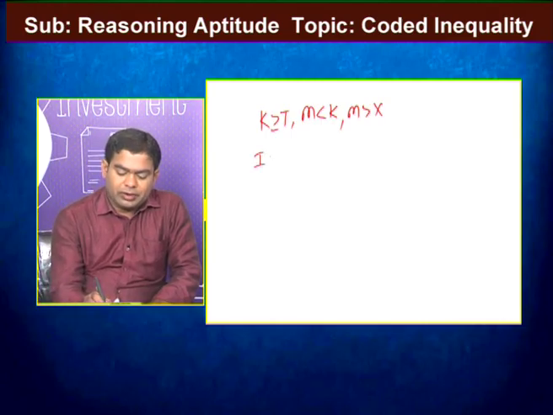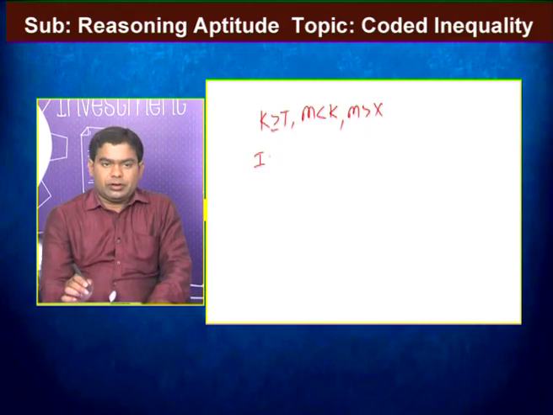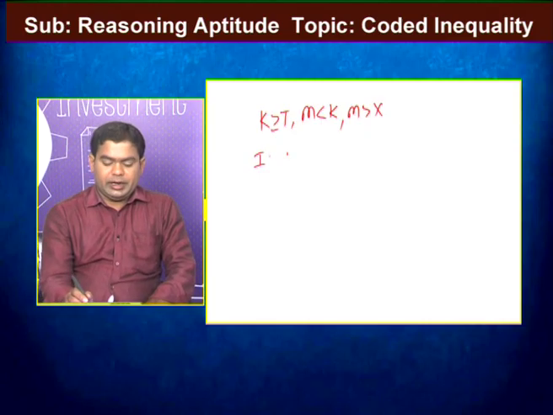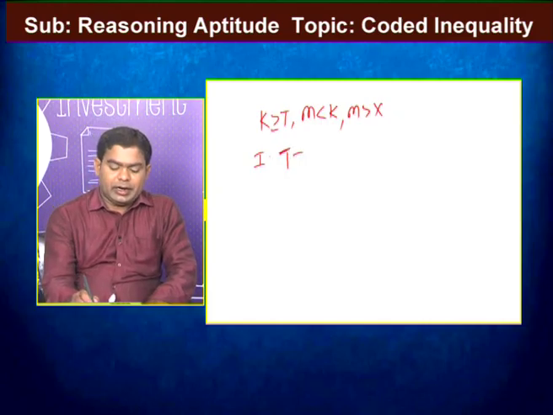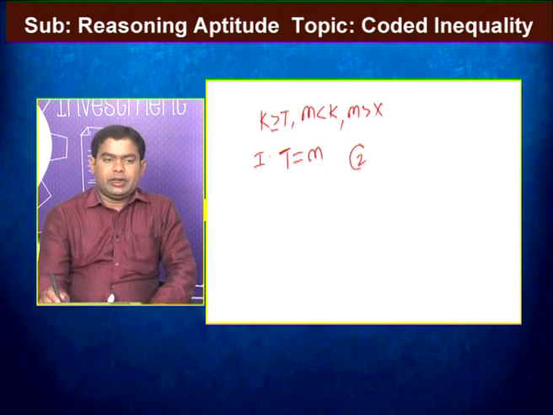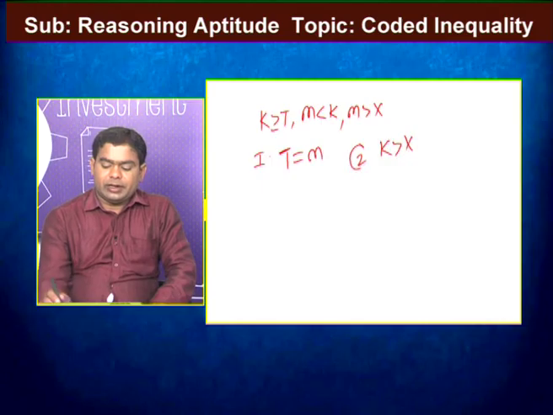After that we apply the conclusions. Conclusion 1 is T delta M, delta is denoted equal, T equal to M. Conclusion 2 is K at the rate X, K greater than X.